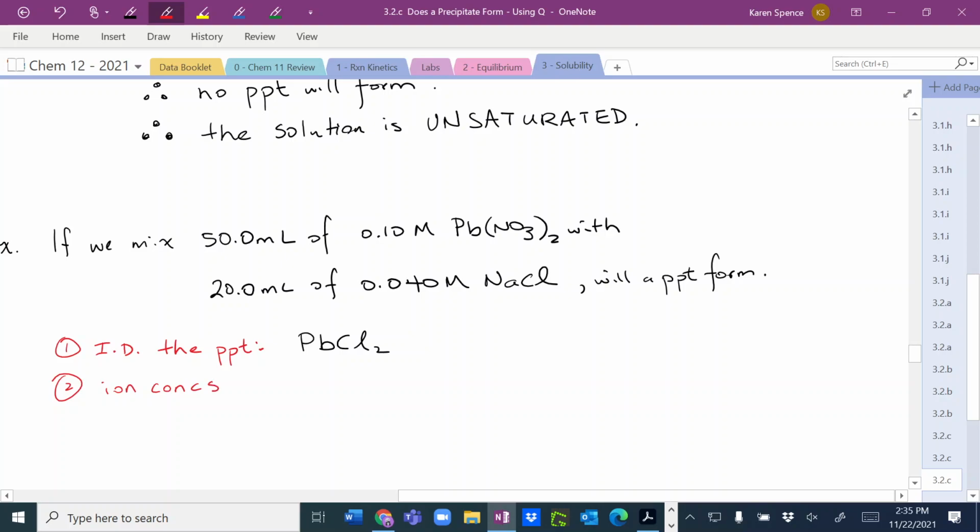So we are looking for the concentration of lead, and we are looking for the concentration of chloride specifically. What kind of calculation will we have to do here to find these? We're going to have to do a dilution calculation, okay? Because we're mixing two things.